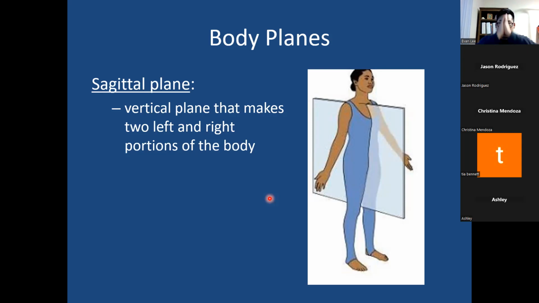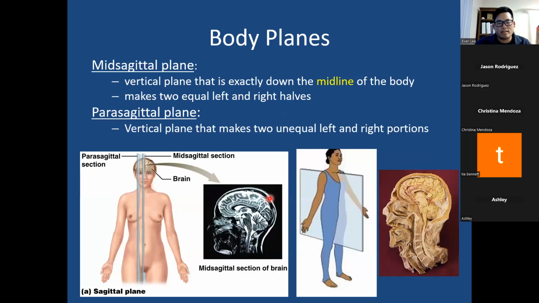So it cuts down the middle to make left and right sides. But there are actually different types of sagittal planes. If it is going right down the midline, making a completely equal left and right side, those are called mid-sagittal planes, which makes sense because mid-sagittal, midline, they are going right down the middle.